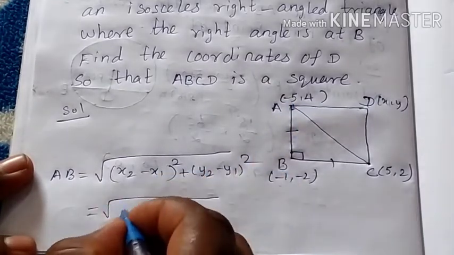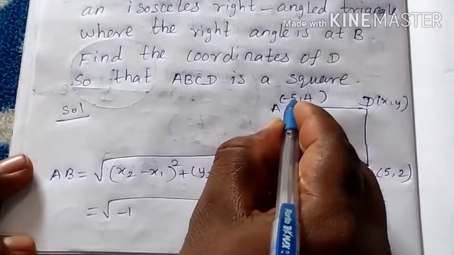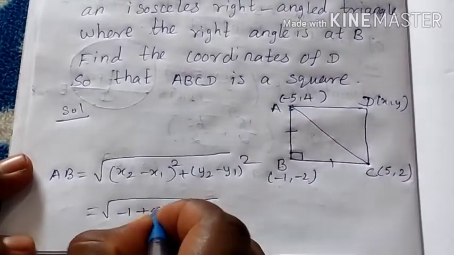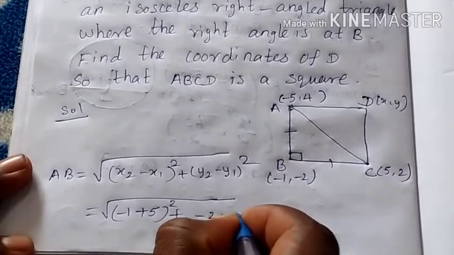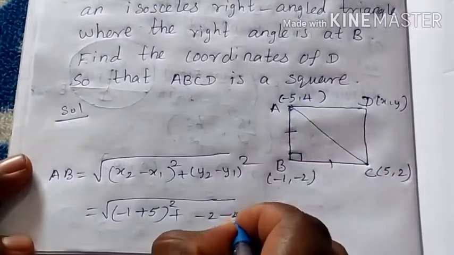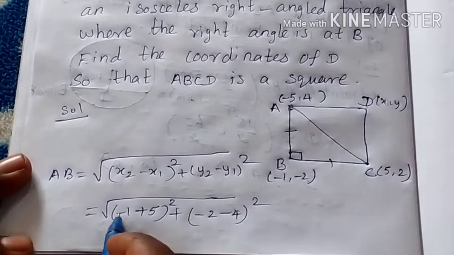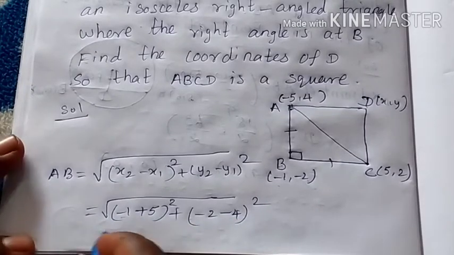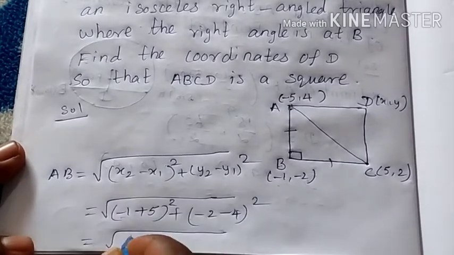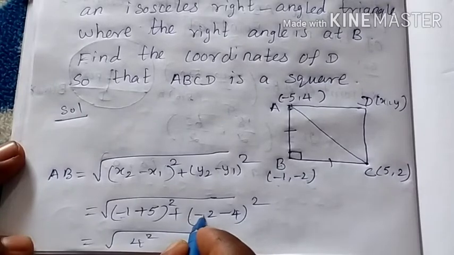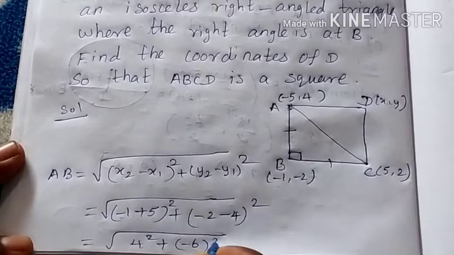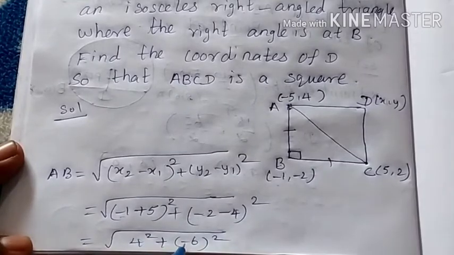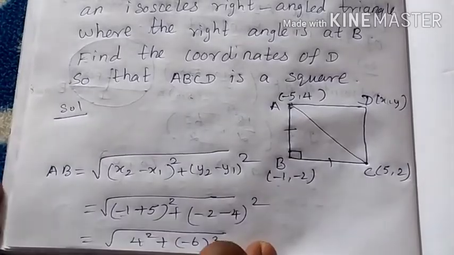So x2 is minus 1, x1 is minus 5, so minus of minus is plus 5, the whole square, plus y2 value minus 2 minus y1 value 4, the whole square. Minus 1 plus 5 is 4, so 4 squared, then minus 2 minus 4 is minus 6, the whole square. 4 squared is 16, an even power of a negative is positive, 6 squared is 36.